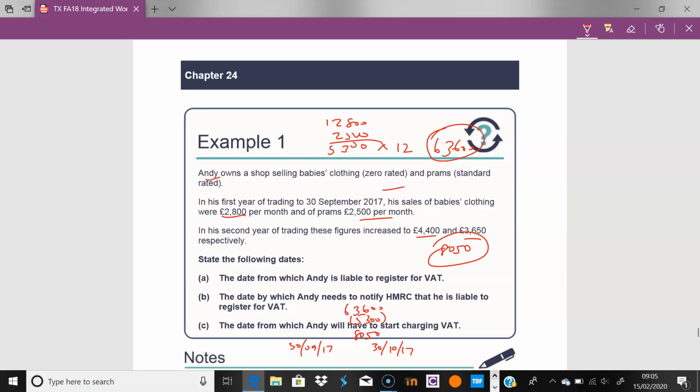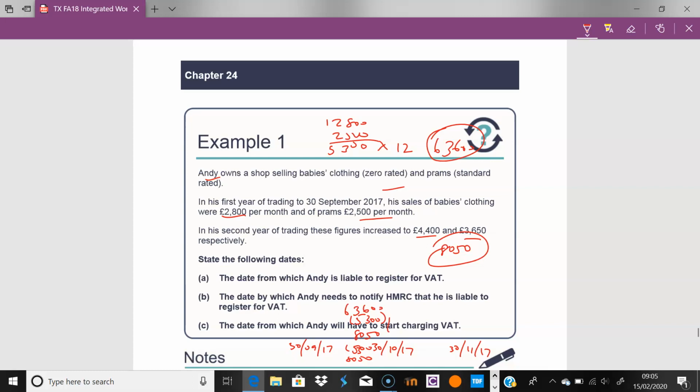And then again, at 30th of the 11th, 17, you have another scenario where 5,300 drops out again and 8,050 comes in, as you go month on month. If you observe this, what's happening is that we literally have a net figure of the difference coming in every single month.